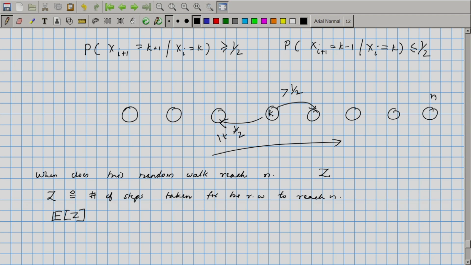So, how do we compute this? What we will do is, instead of looking at this, we will look at a simpler random process, wherein from step 0 you go forward with probability 1, and from everything else go forward or backward with probability half each.